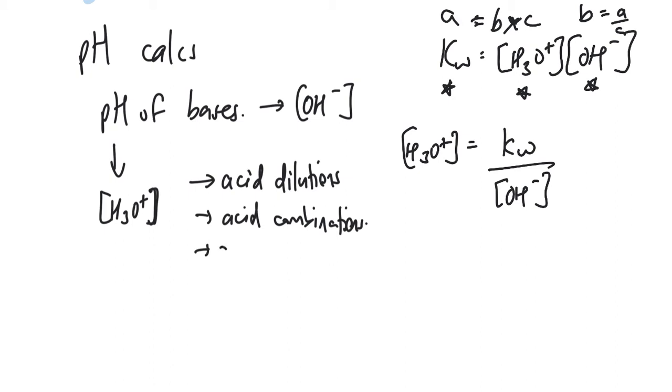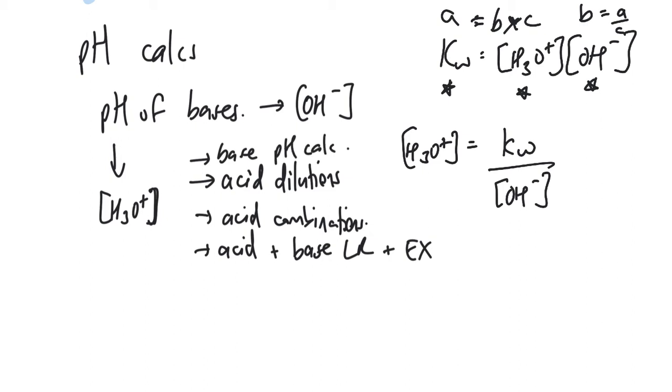You can expect acid plus base, limiting reagent, and excess calculations. Those three are the major types of calculations that you can expect. Or you can even just do a base calculation. That's how they increase in order of difficulty. Okay, there are examples on those.